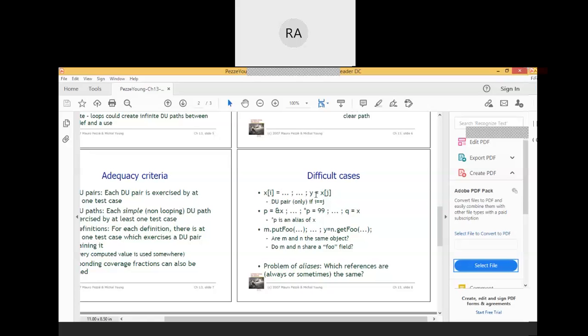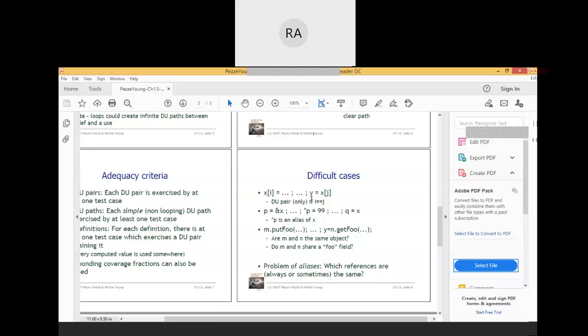It is possible only when i equals j, then only they will form a DU pair, otherwise no. But how will you get to know when i will become equal to j? If it is a big, huge code, then it's very hard to know when it will form a DU pair, definition use pair.